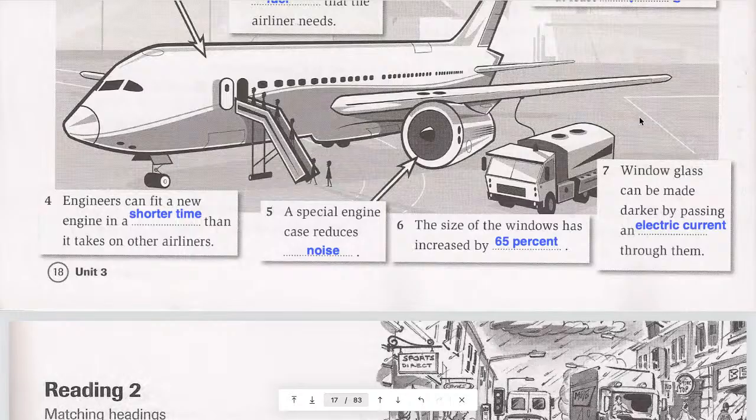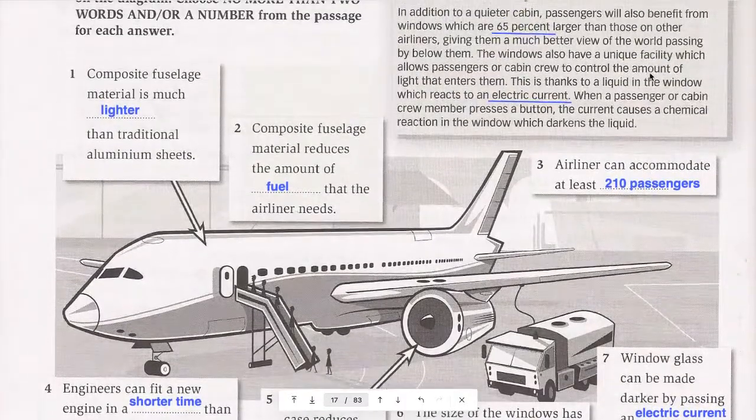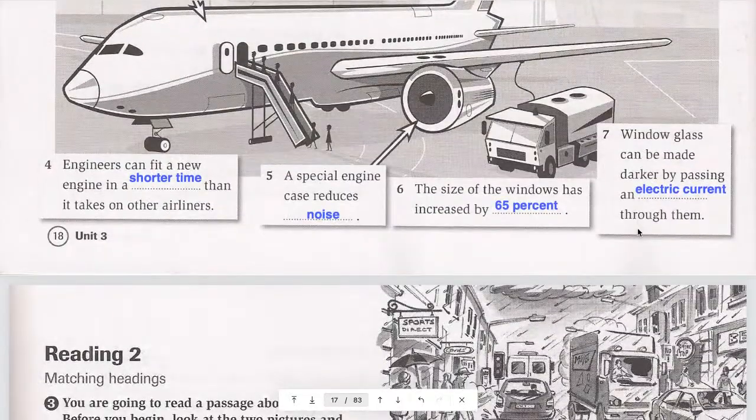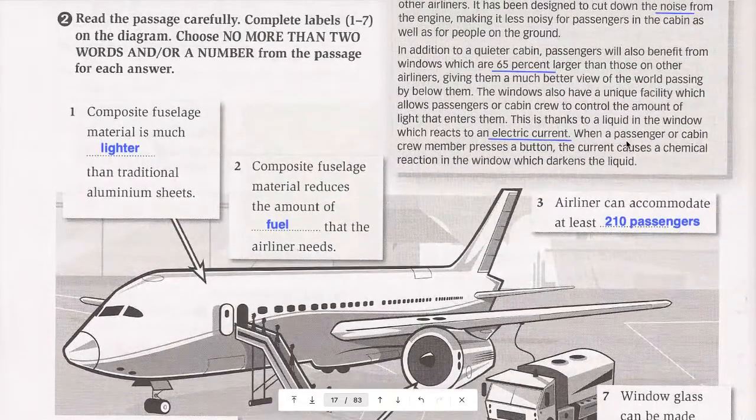Yeah, they use un, right? We cannot say unliquid, right? That's wrong. So if you want to put liquid, you have to use a liquid, not unliquid. So you know that liquid is wrong. And here, by passing an electric current through them, makes more sense.